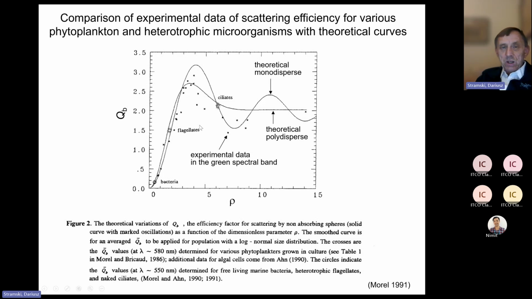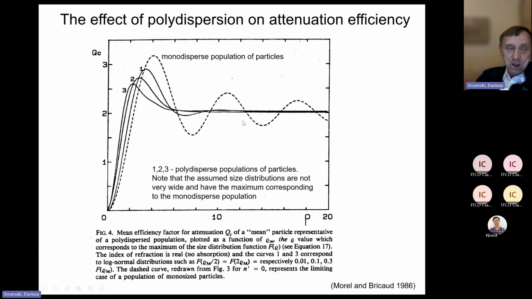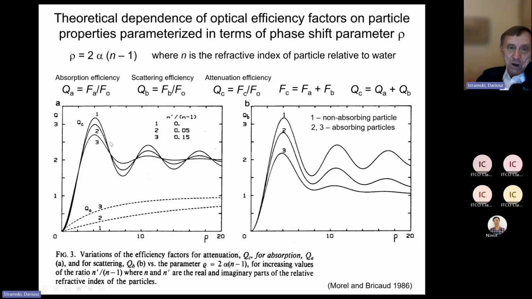We do not expect these experimental data points to fall exactly on these theoretical curves, because we could create very many theoretical curves like this. Here, for example, we have 3 curves, but you could create a lot more by changing wavelengths or the absorption parameter.